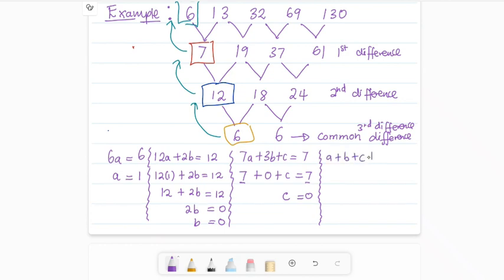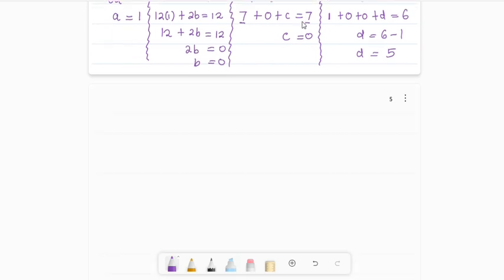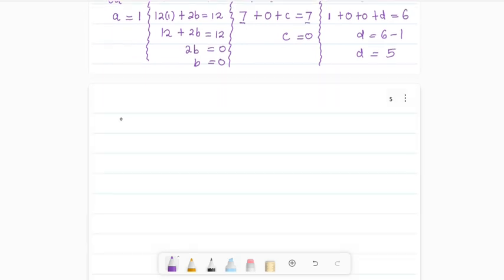Then finally I am working on d. So a plus b plus c plus d is equal to the first term of the original sequence, which is 6. A is 1, b is 0, c is 0, plus d is equal to 6. So d is equal to 6 minus 1. That means d equals 5.